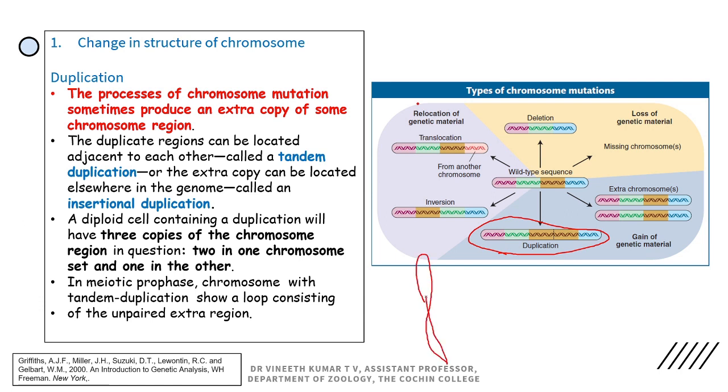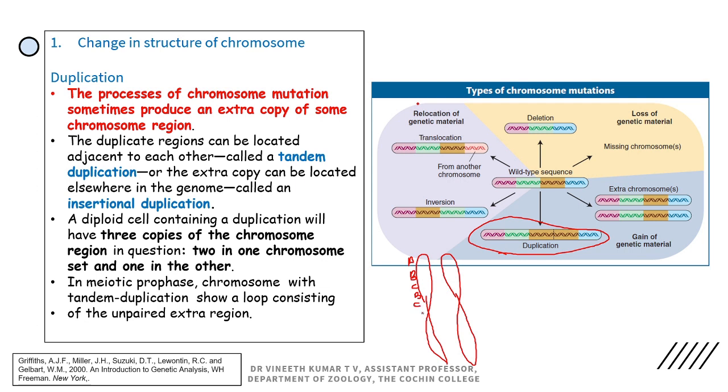So, if I consider this as the duplicated one, I am taking the homologous pair of this particular one, and I am marking it as A, B, C. Consider this B and C is duplicated again, and you can see B and C here.